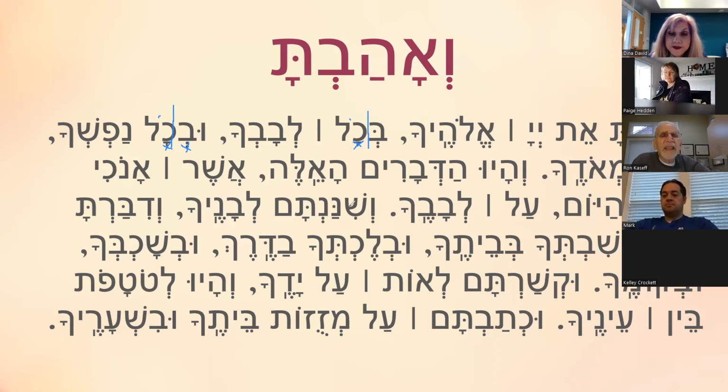So how do you pronounce that last word on line 1? This one? Okay. So now, this is the rule. When you have one shva after the other, the first one is silent and the second one is a. When they come one after the other.